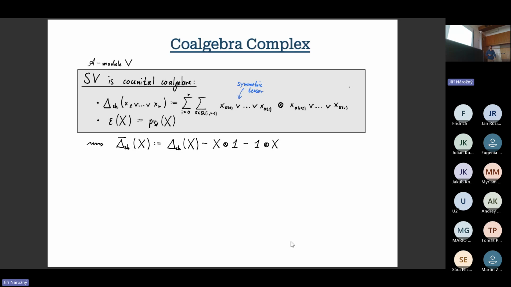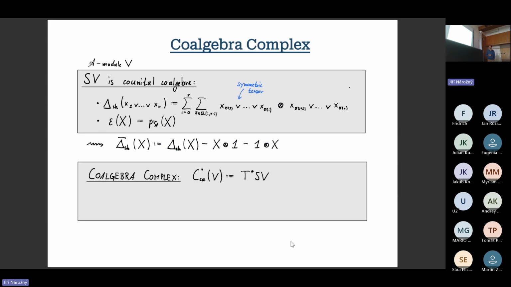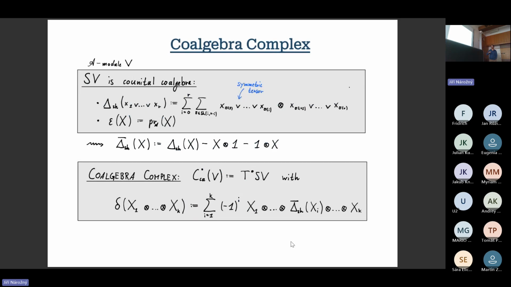With this reduced shuffle coproduct, we can now define the differential on the tensor algebra of the symmetric algebra of V. This complex I will denote by CCA, the coalgebra complex. We call it the coalgebra complex of V, even though it's the coalgebra complex of SV, just to keep the notation manageable. So what does the differential look like?